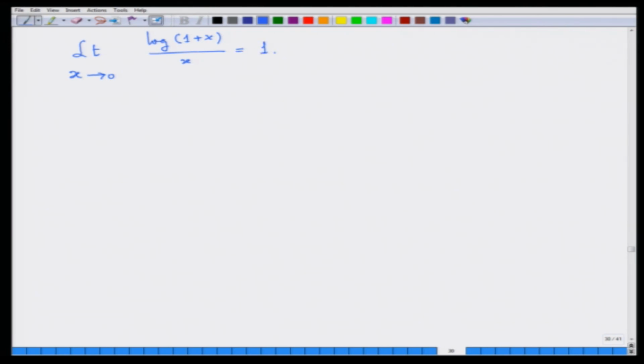Now, let us try to look at the function f(x) = log x. Of course, x has to be greater than 0, that is the domain. So, this log function is defined from 0 to infinity. Now, we want to compute this from first principles, that is, we want to compute this limit.